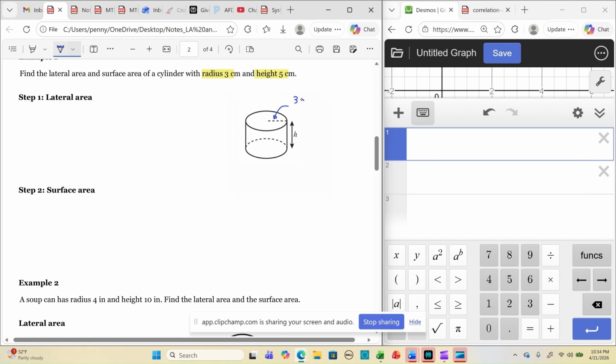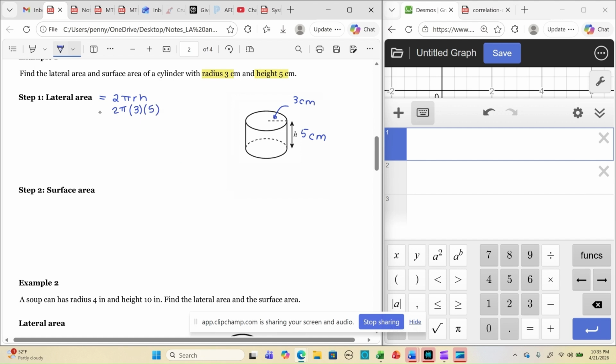My height is 5 centimeters. All right, our formula for lateral area is 2 pi rh. So in this case, we're going to have 2 times pi times the radius of 3 and height of 5.